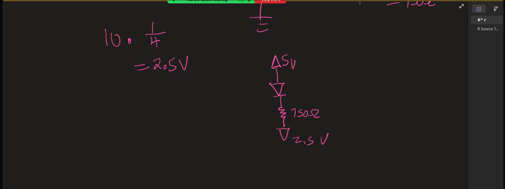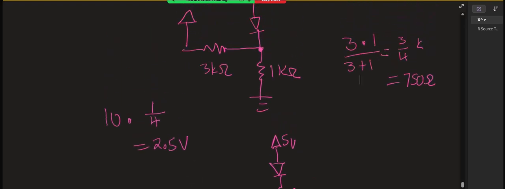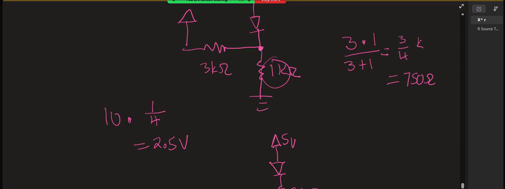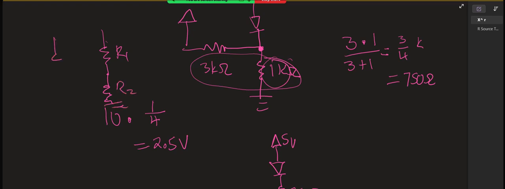Where did the 1/4 come from? The 1/4 came from 1 over 1 plus 3. So to find the voltage right there, this is R1, this is R2, this is ground, that's my total voltage.